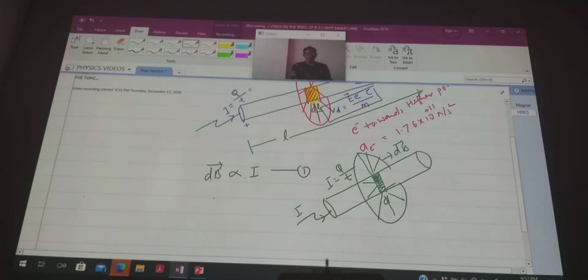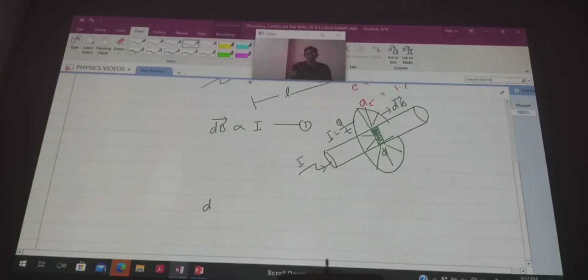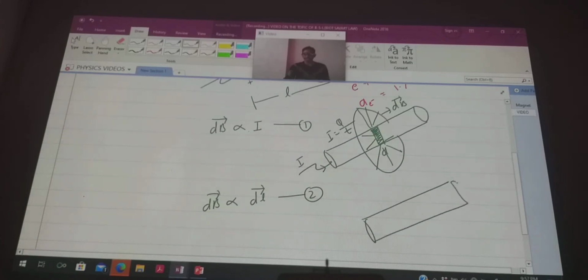And dB is directly proportional to dl. This is equation 2. When the current is passing through this conductor, with the elementary length dl, this is the conductor of length L and this is dl, and the current is passing over it.